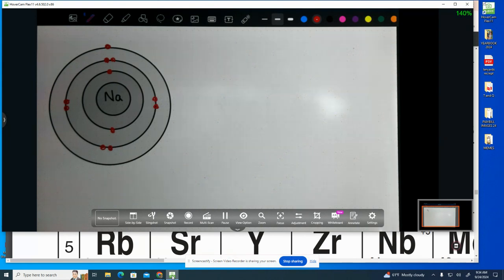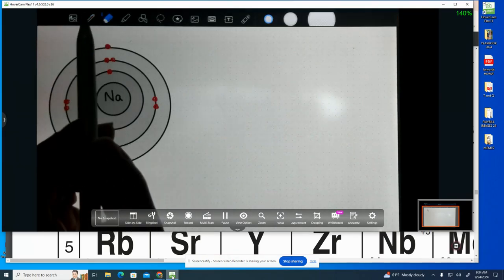Is it going to be able to go out into the big bad world and find somebody to give him 7 electrons? No. So how is he going to get a full valence shell? He's going to lose 1. He's a loser. He's a big loser.